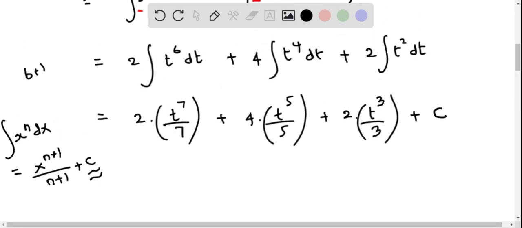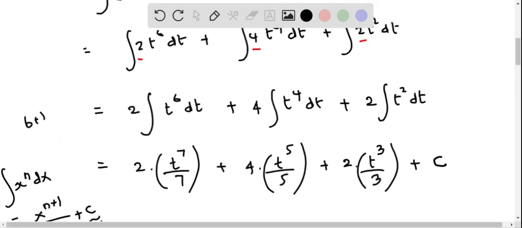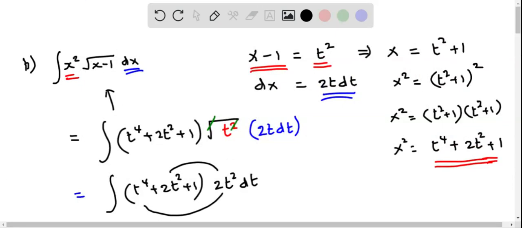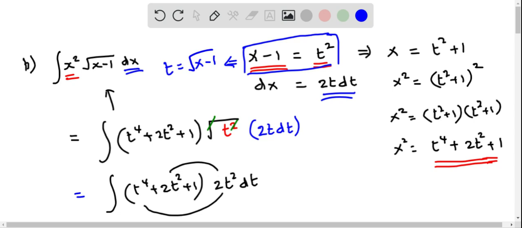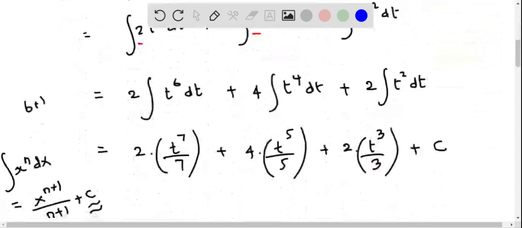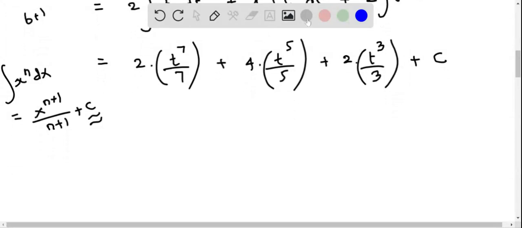Now we have to simplify this and do the back substitution for t. We know that we have done the substitution, x minus 1 is equal to t squared. So using this we can solve for t. We have to take the square root on both sides. When you do that, we get t equals the square root of x minus 1. So we can do the back substitution over here.